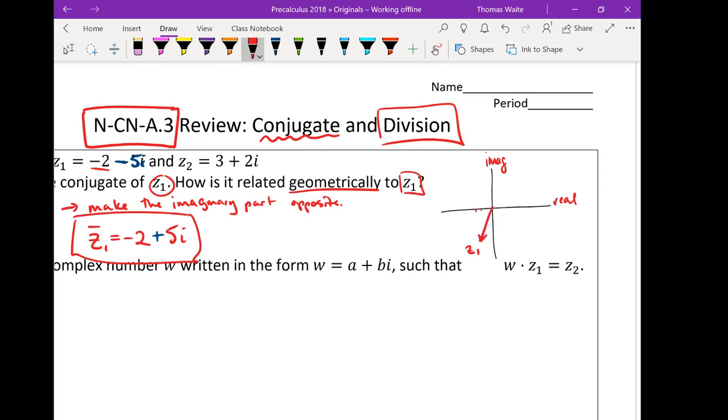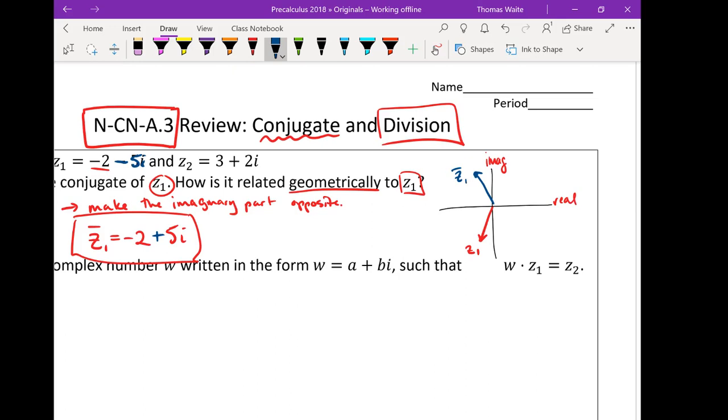Now if I plot its conjugate, I'm going to do it in a different color, in blue. Negative 2 plus 5i would be right up here. Negative 2, 5 imaginary, yep, right up there. Then make its vector, that's the conjugate of z1.